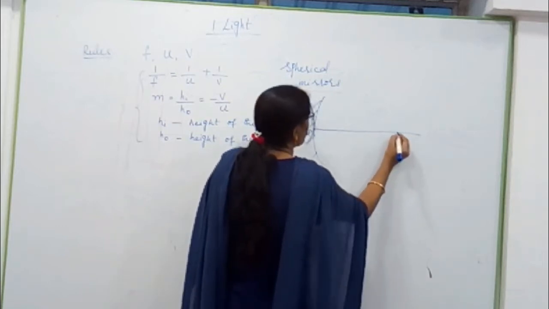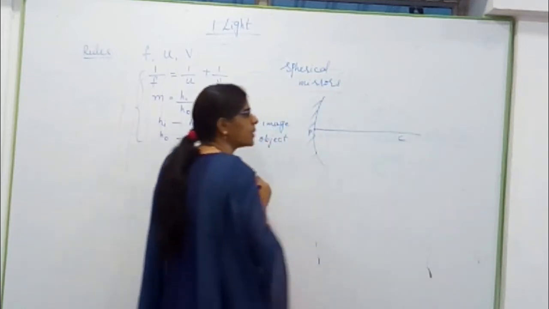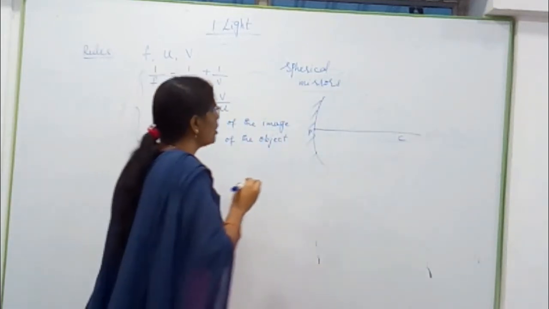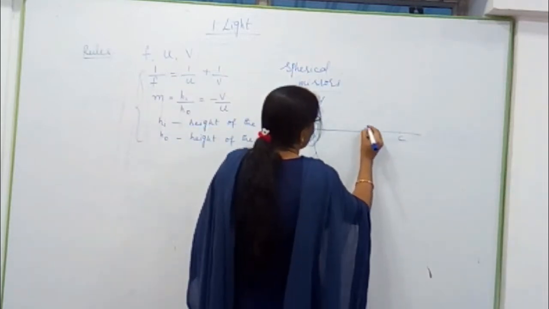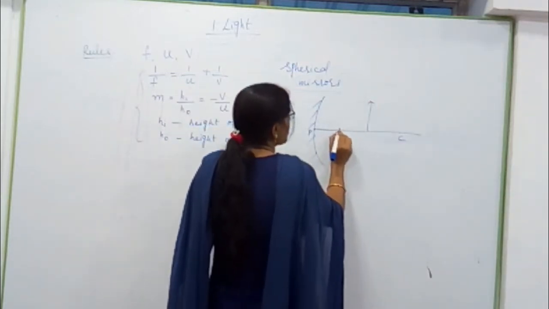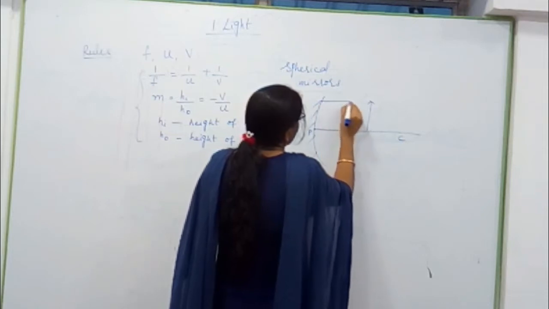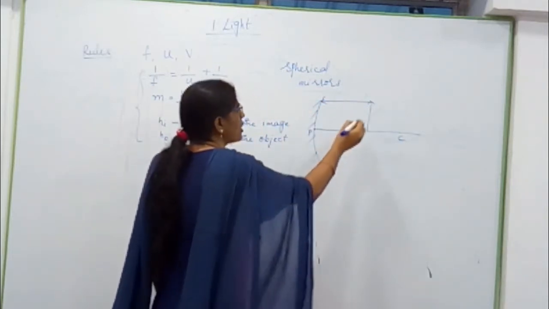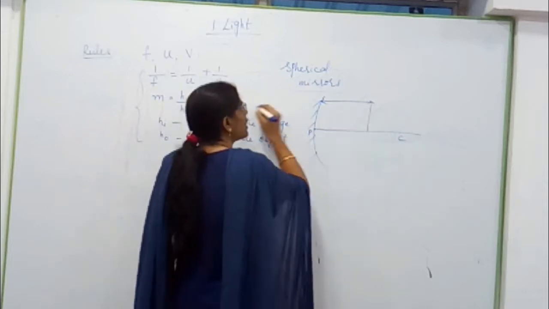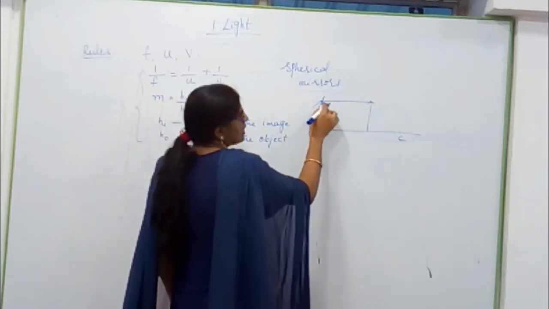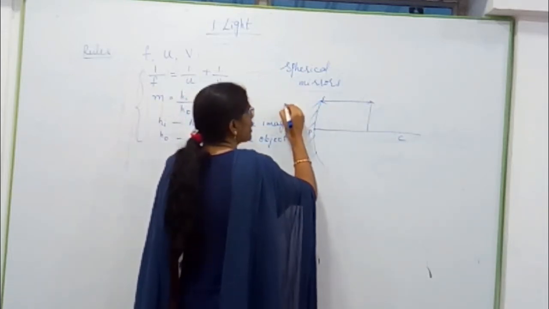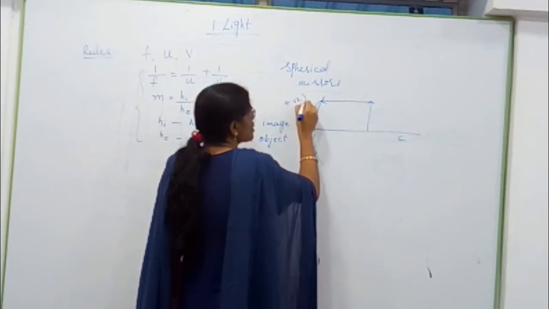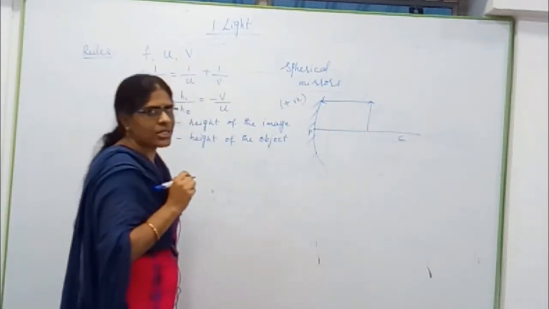The line we always call the principal axis. Now if I place the object in front of the concave mirror, the rays come from right to left. In the direction of the incident ray, all the distances must be taken as positive.